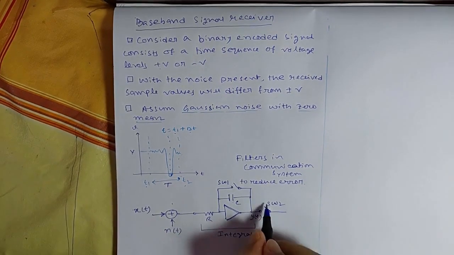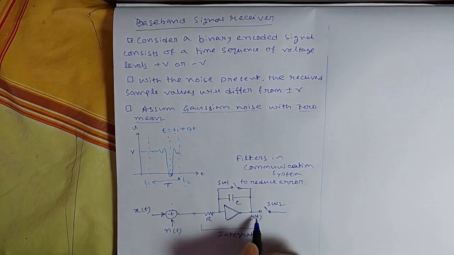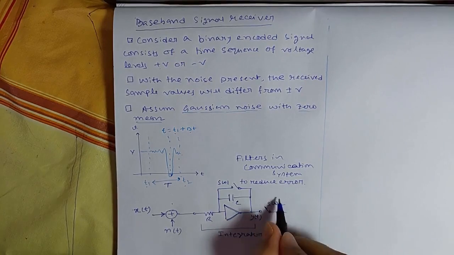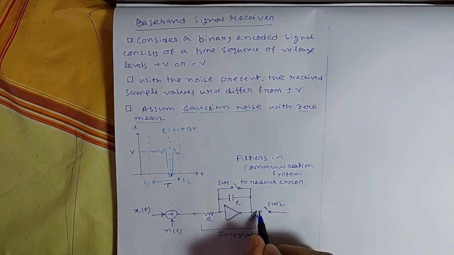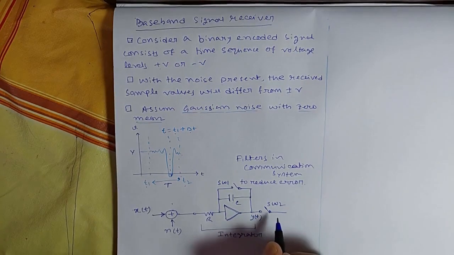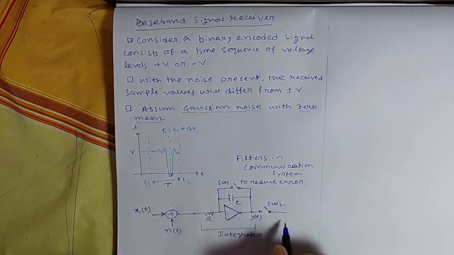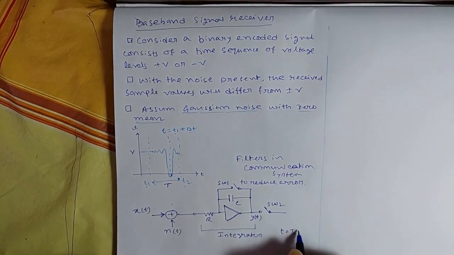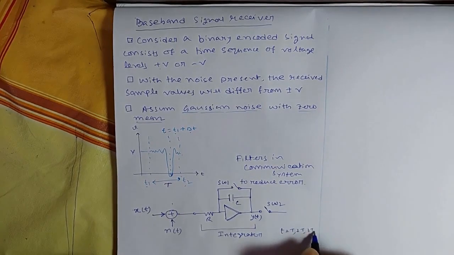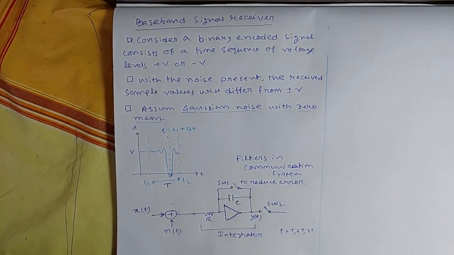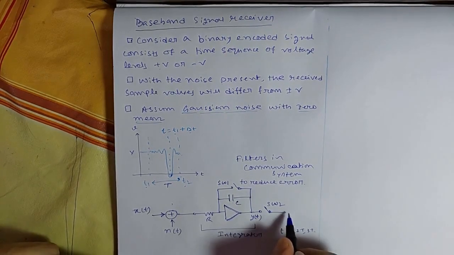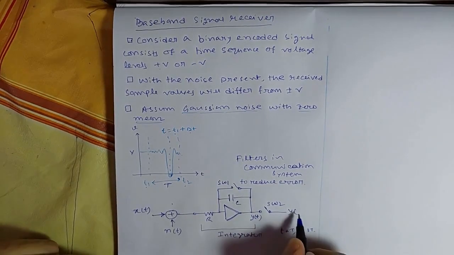This SW2 takes a sample of y(t) at t equal to T. So SW2 will close at t equal to T, 2T, 3T, like this. It will close after an integer number of the time period T, and this sampled signal is represented by y capital T.